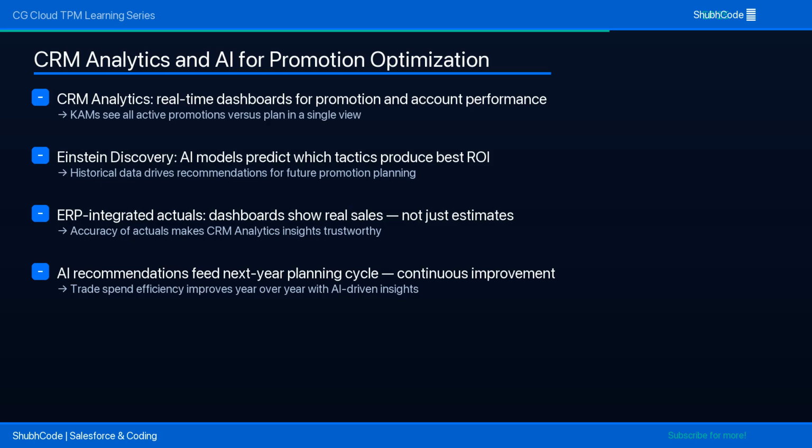They can see all active promotions, their current performance versus plan, and where adjustments are needed, all in one view. And because CG Cloud integrates with ERP for actuals, the data quality in these dashboards is based on real sales, not estimates. That combination of real data and AI recommendations is what drives continuous improvement in trade spend efficiency.